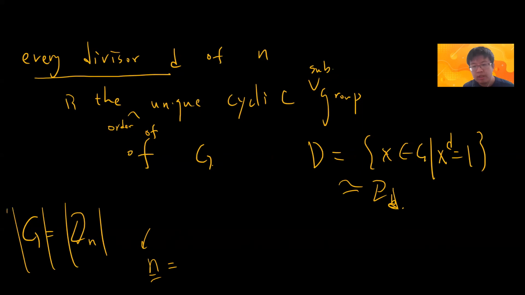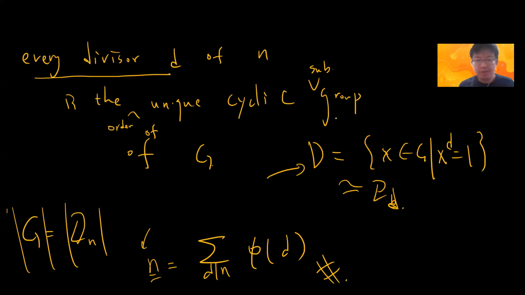And how many elements have order d? Exactly phi(d) elements. So in total you get this. That's it.